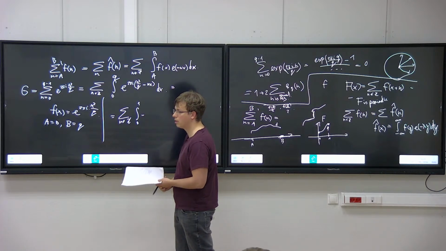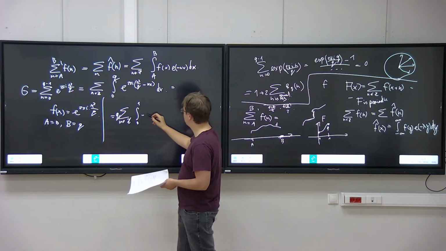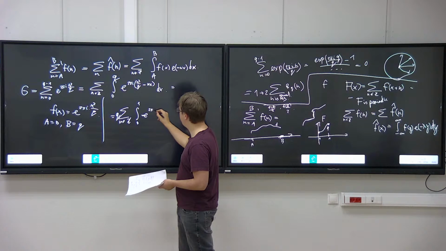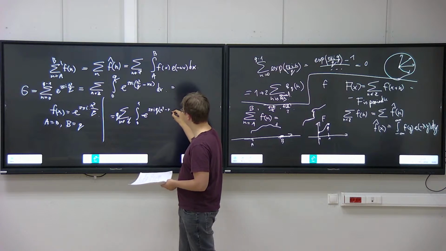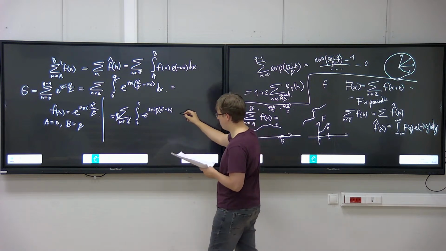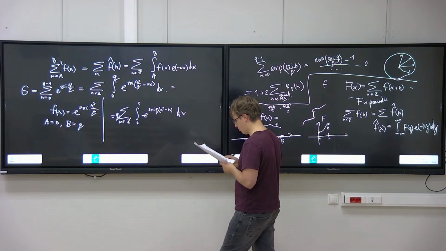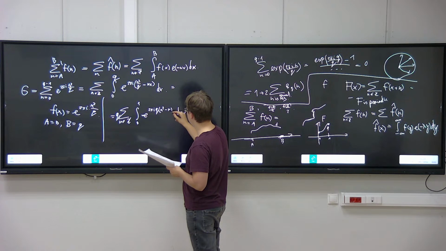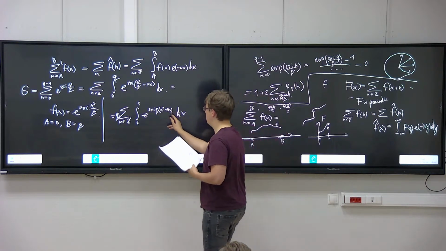It will be quite good because first of all, we get q out of the integral. And here 2 pi i, q x squared minus n multiplied by q, q x squared minus n x, yes? dx. Yes, nx. Okay, now we have a quadratic polynomial.